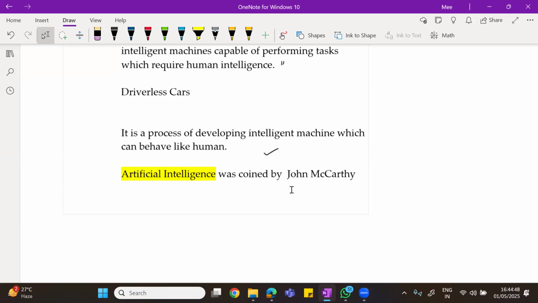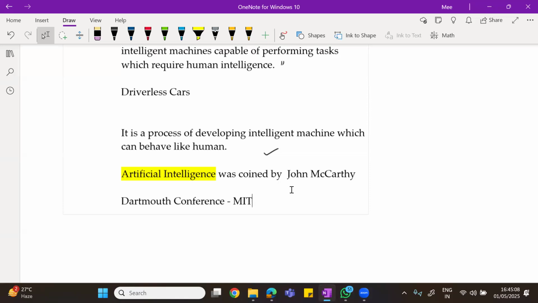And when he did this, there was a conference which we call the Dartmouth Conference, held under MIT. MIT is Massachusetts Institute of Technology, which is there in the US.